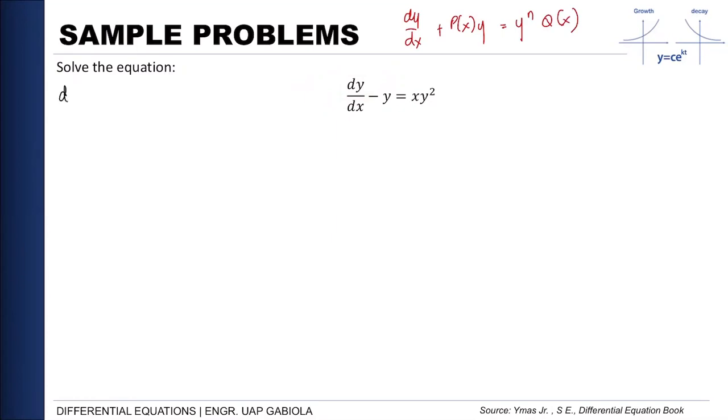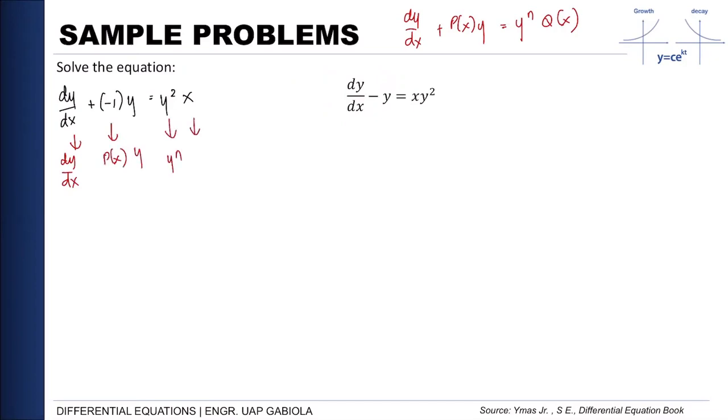So we have dy over dx, and here I can write plus negative 1 times y is equal to y squared times x. This is our dy dx. This is our p of x. This is our y. This is our y raised to n.